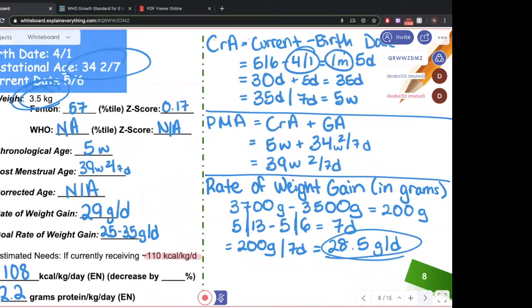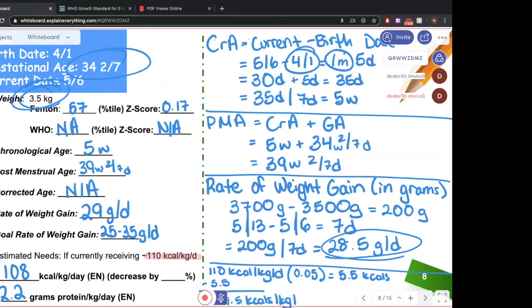Then let's reduce his calorie intake by 5 to 10%. If he's currently receiving 110 calories per kilogram per day, we're going to multiply that by 5%, which is 0.05, which gives us 5.5. We subtract that 5.5 from the 110 to give us 104.5 calories per kilogram per day.